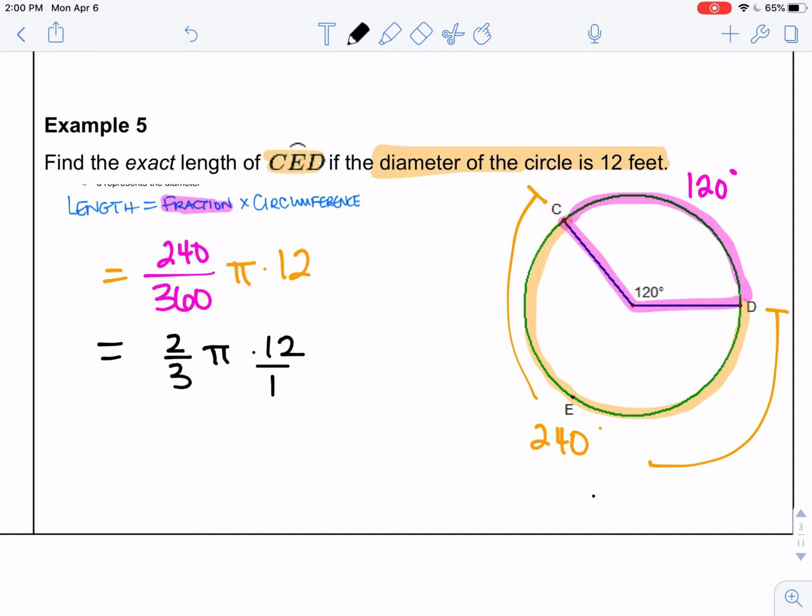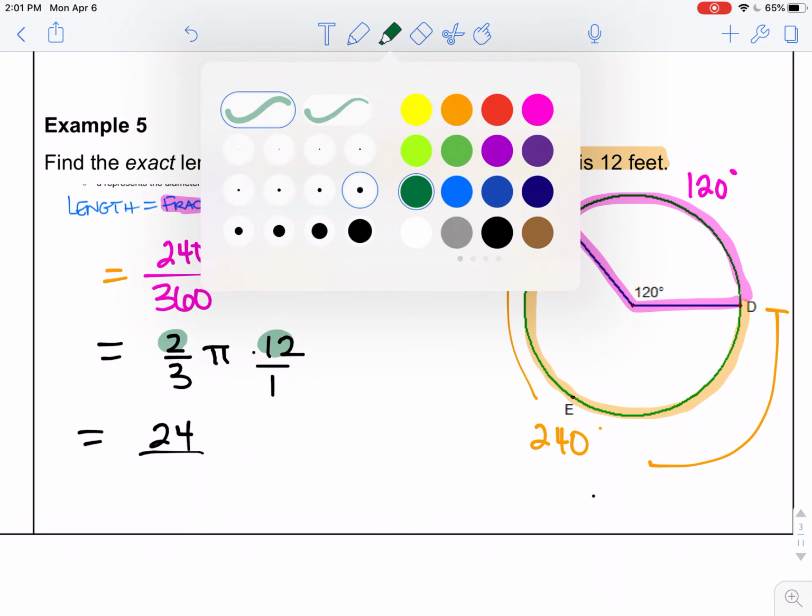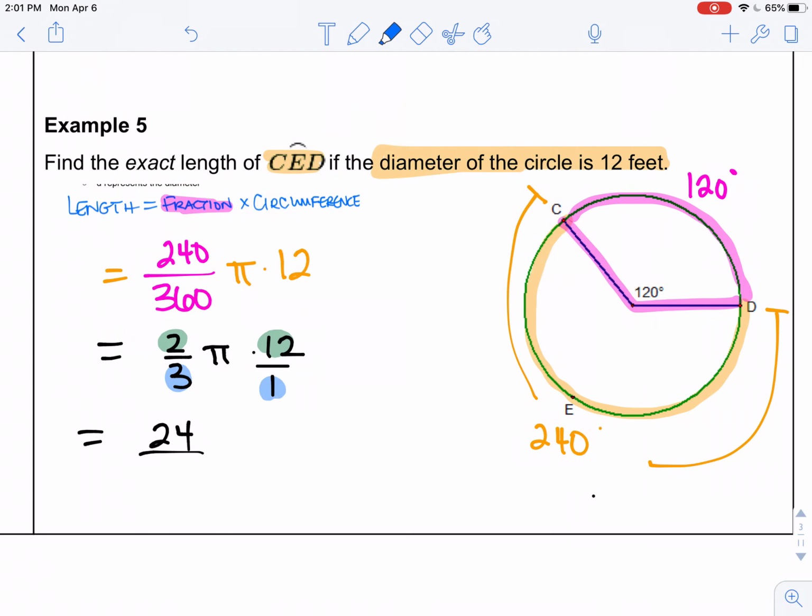It's going to be okay. We can multiply the tops of our fraction, and we get 2 times 12, which is 24. On the bottom, 3 times 1, we have 3 pi. And we know that 24 divided by 3, that's 8 pi. And I'm dealing with feet.